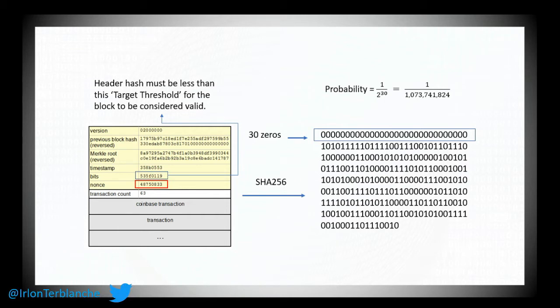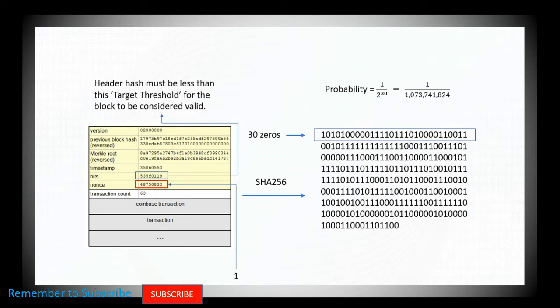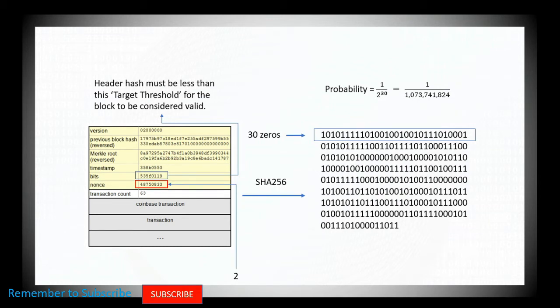So the network will set a target threshold, and all of the nodes that are mining blocks will effectively have to loop through all kinds of numbers until they find the nonce that creates the hash that has a value below the target threshold set by the network.